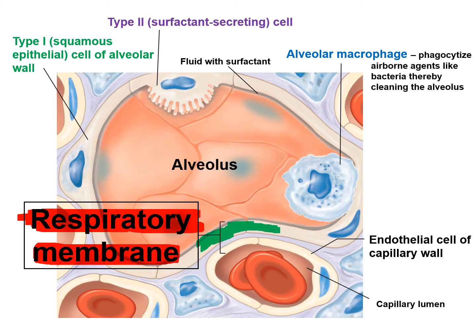And then we have another membrane here, which happens to be simple squamous as well, right? That lines the capillary wall. So when we talk about oxygen or CO2 moving across the respiratory membrane, we need to keep in mind that it's not one, it's two membranes. It's the membrane of the simple squamous of the alveolar wall, and it's the membrane of the simple squamous of the capillary wall.